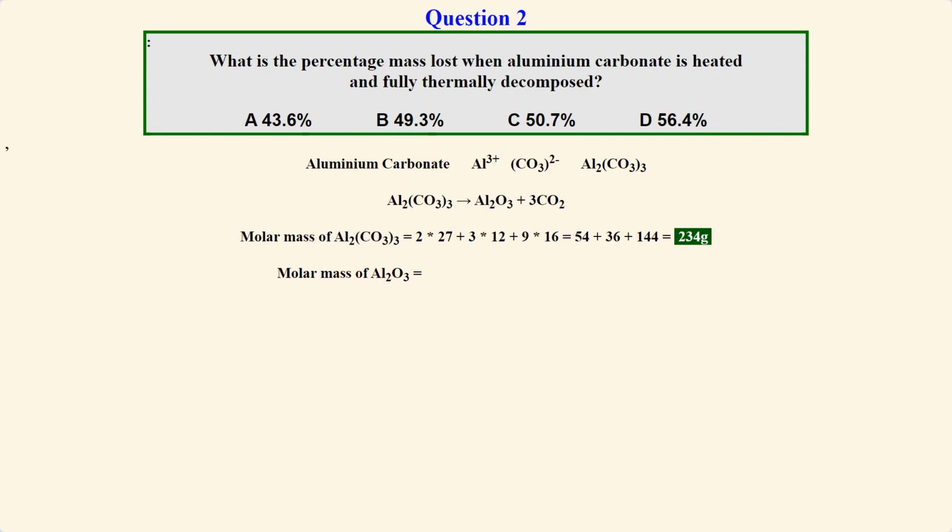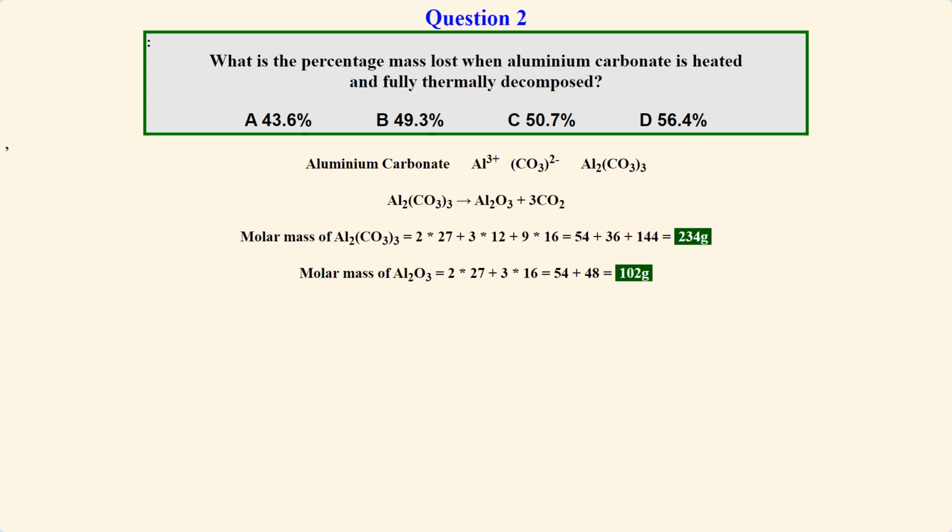So let's calculate that quickly. 2 times 27, 27 the atomic mass of aluminium, 3 times 16, 16 the atomic mass of oxygen. Adding the figures together, we got 102 grams there for the molar mass of Al2O3. So 1 mole, 234 grams of aluminium carbonate gives us 1 mole, 102 grams of aluminium oxide.